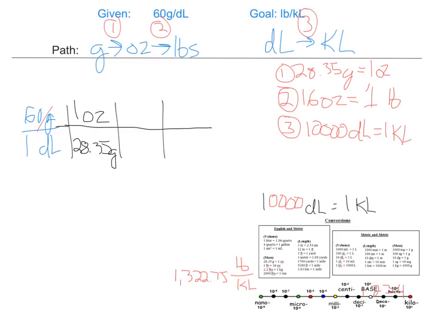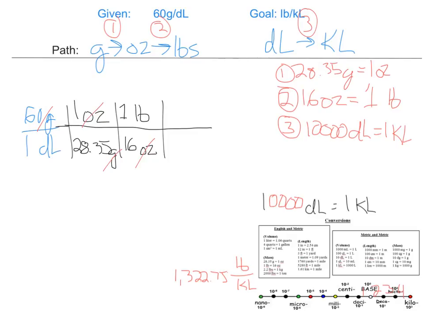So now grams on top are going to cancel out grams on bottom. Now we have ounces on top, so we need to write our 16 ounces on bottom, so that way those can cancel out, and that is per 1 pound. So ounces on top cancel out ounces on bottom.